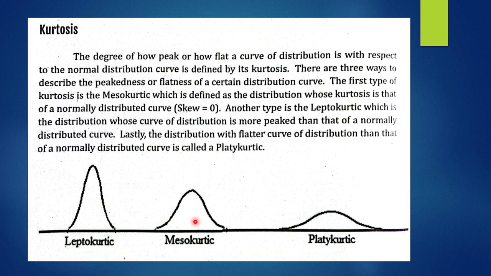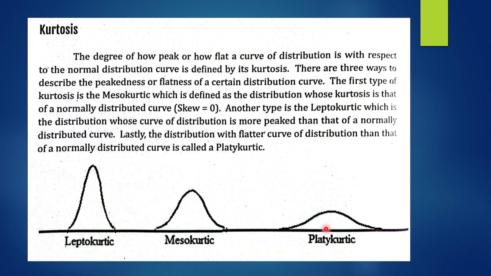So this is the first type of kurtosis. Now another type of kurtosis is leptokurtic, which is the distribution whose curve is more peaked than that of a normally distributed curve. And lastly, the distribution with a flatter curve than that of a normally distributed curve is called platykurtic.